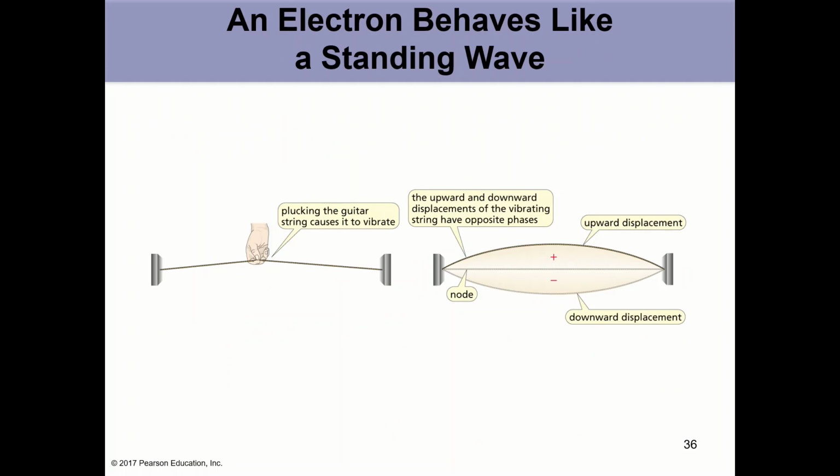Electrons can behave like a standing wave. They have upward displacement and downward displacement, and we call that negative and positive character. In the middle of these two displacements is the node where there is 0 probability.